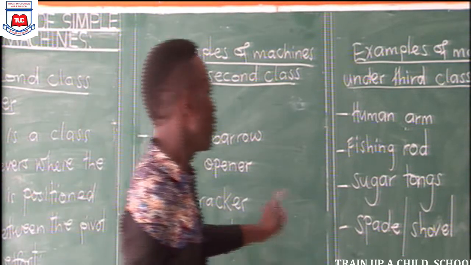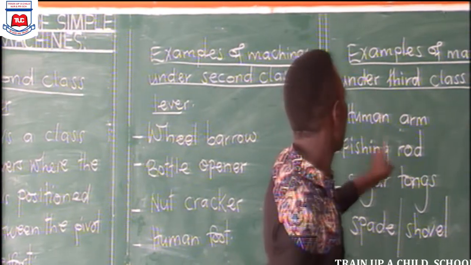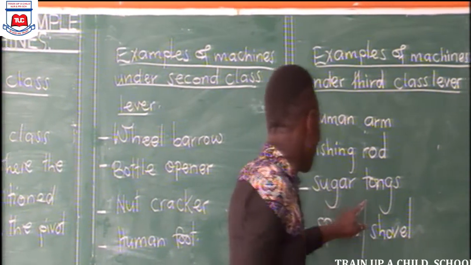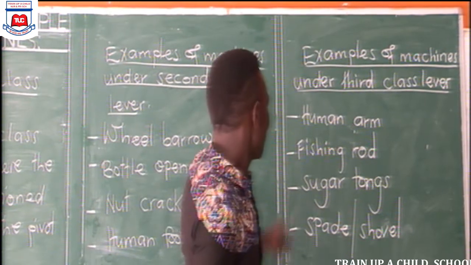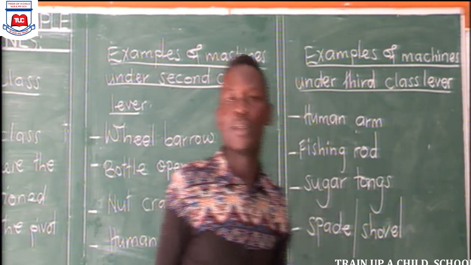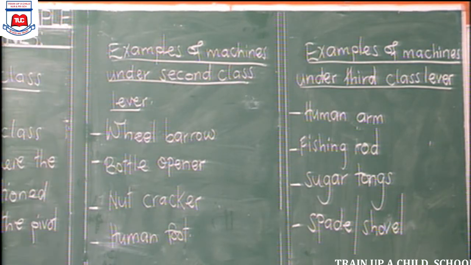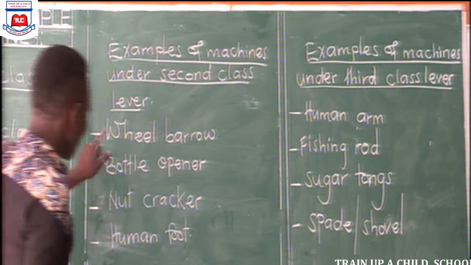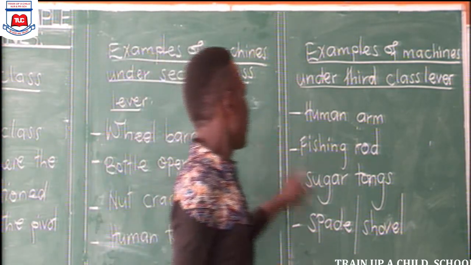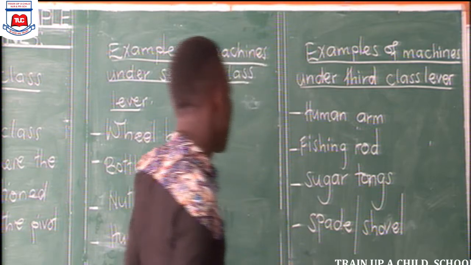But on a human arm, you will find the effort in between the fulcrum and the load. So actually tomorrow when an examiner brings you a paper and asks you to give a difference between human arm and human foot, please, that's what you're supposed to say.